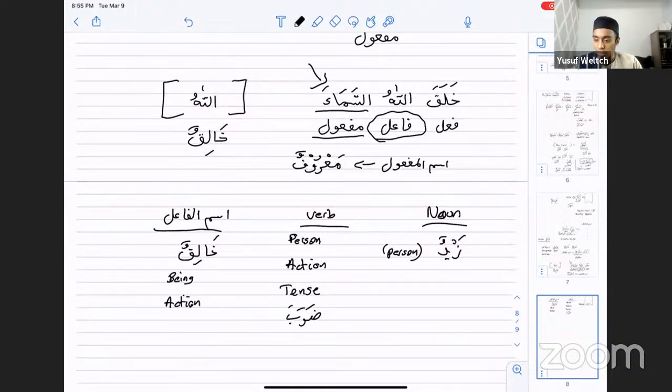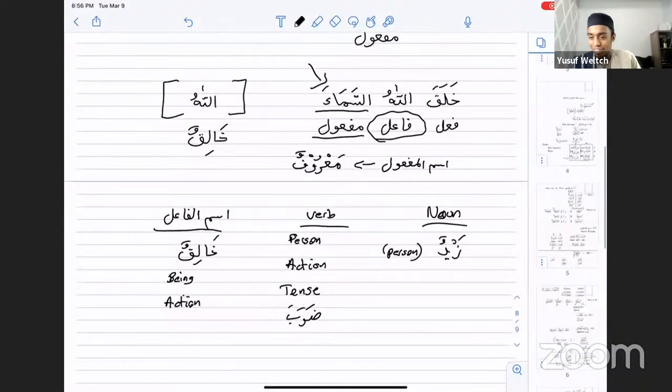If you need the English to understand how it works at first, that's perfectly fine. But try to accustom yourself to using the Arabic terms, because English doesn't really do Arabic justice, and eventually you'll get to a point where you understand it more in Arabic than you do in English, almost to the extent that you'll forget English, like me.